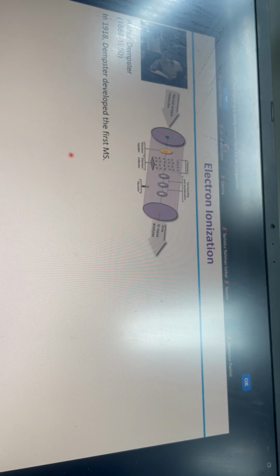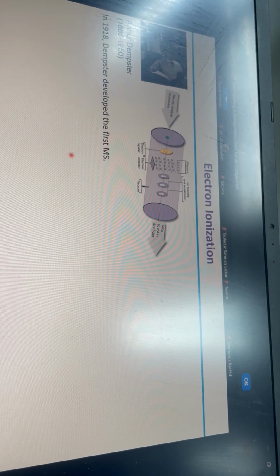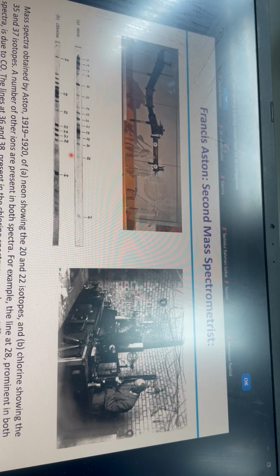Because in Francis Aston's there was no ionization source. He just put his sample here and heated it up, and there was no mass analyzer. There was no ion source actually. So Arthur Dempster actually invented the first ion source, and he named it electron ionization.